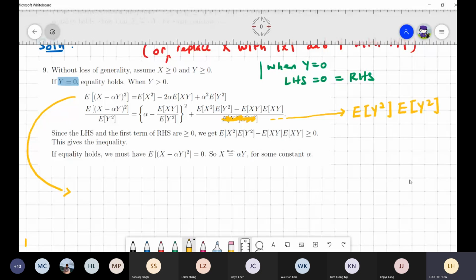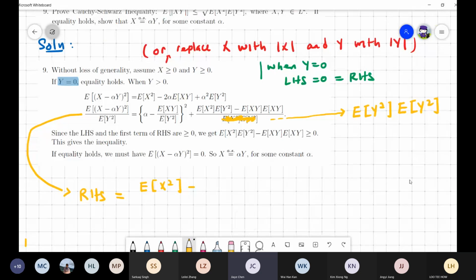So look at, maybe this one, not this. So the right hand side is equal to E of (X squared minus 2 alpha E of XY plus alpha squared E of Y squared).